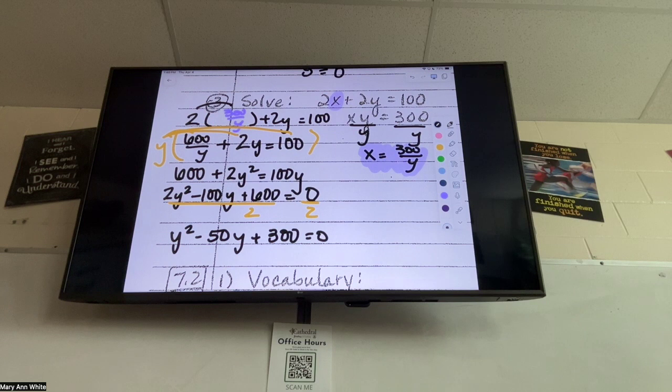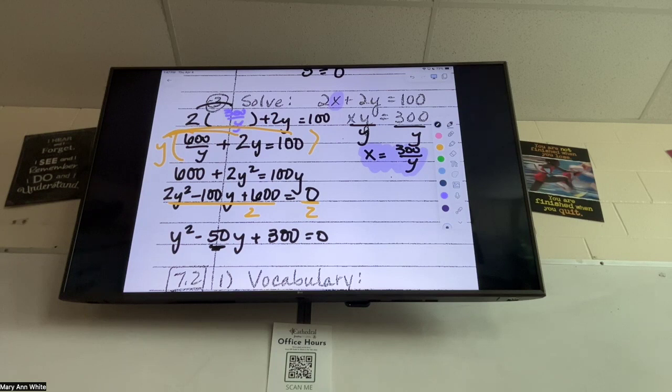Okay, so now I'm starting to think about numbers that multiply to be 300. I can think of 1 and 300, but that will never add to be negative 50. I can think of 3 and 100, but that won't add to be 50.